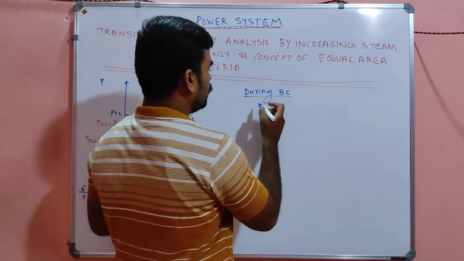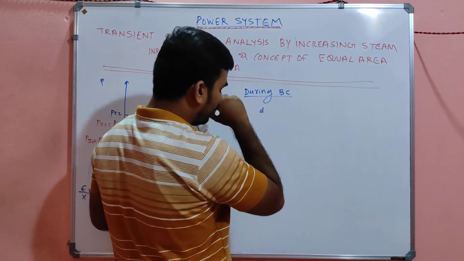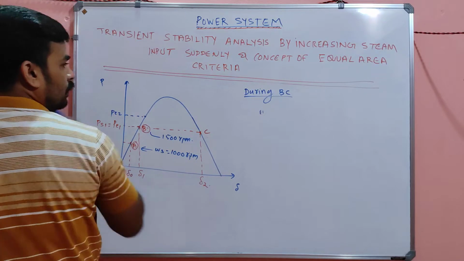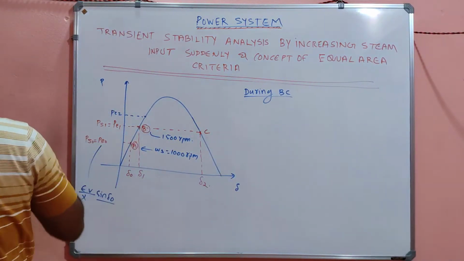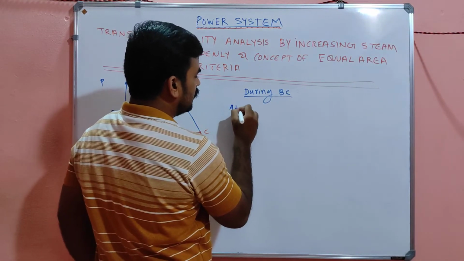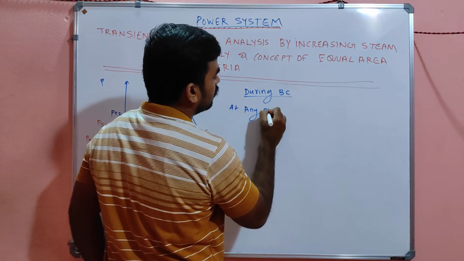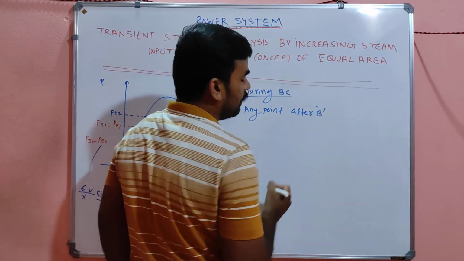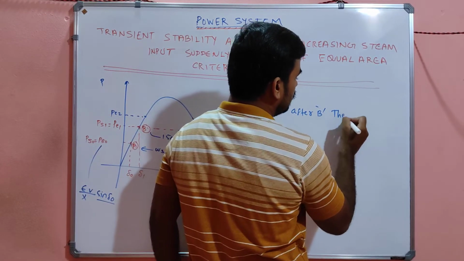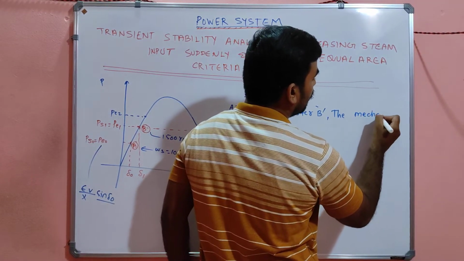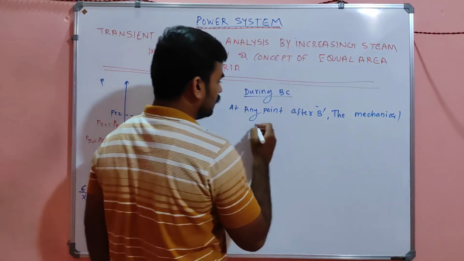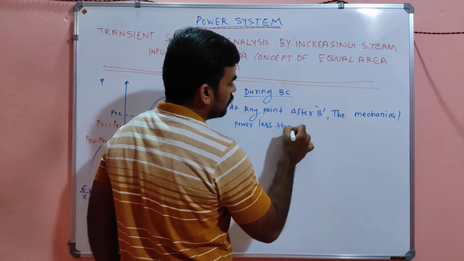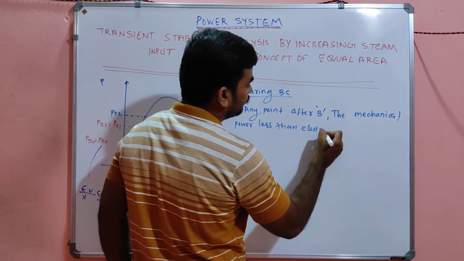So now we can say that during BC, at any point after B, the mechanical power is less than the electrical power.